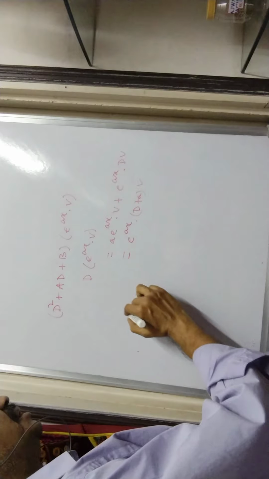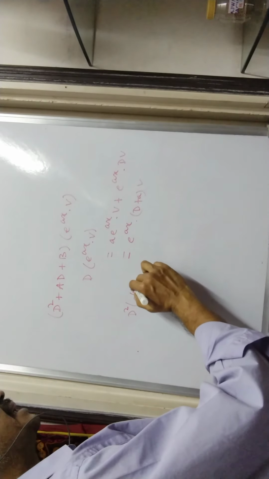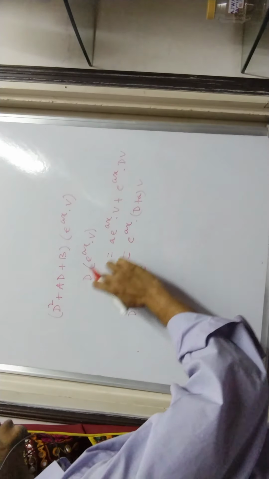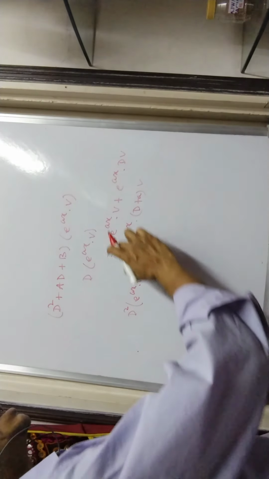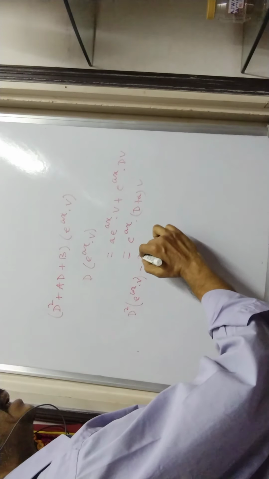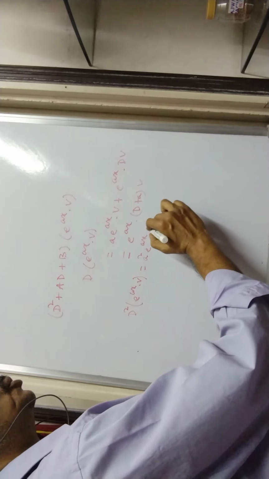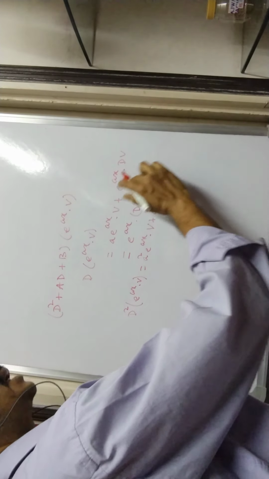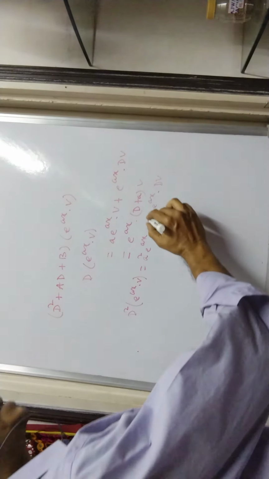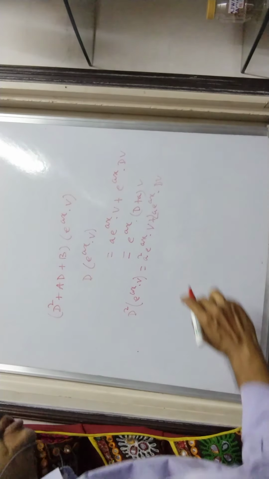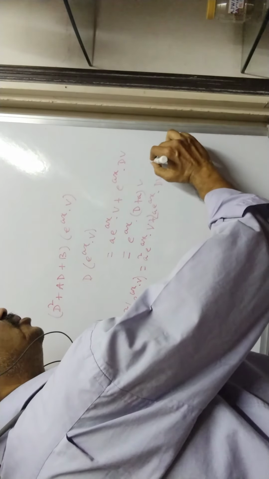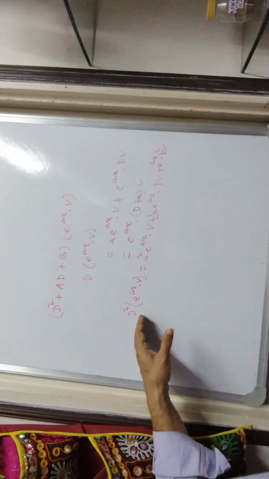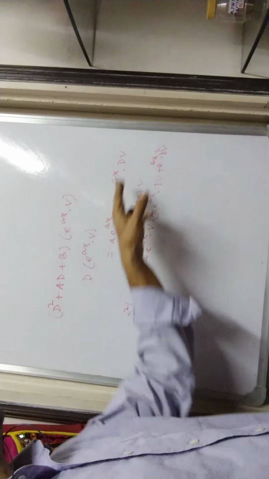Similarly, if we get D square of e to the power ax into v, it means the derivative of this term, and we get a square e to the power ax into v plus a e to the power ax into Dv. Here also we have a e to the power ax into Dv, which makes it 2a e to the power ax into Dv plus e to the power ax into D2v. I think it is clear, because D2 of e to the power ax v is the derivative of this term.